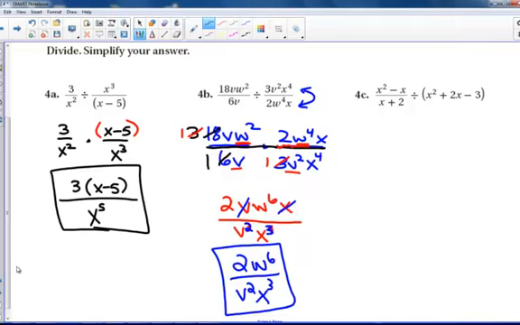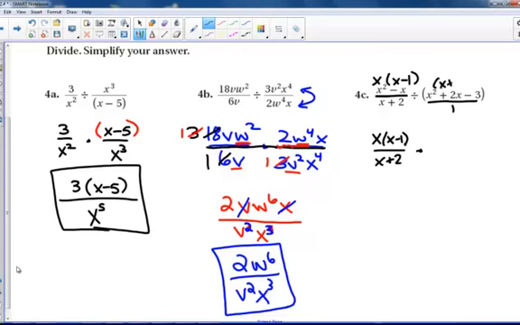And the last one. As I rewrite this, I'm going to go ahead and factor the greatest common factor out of this binomial right here. So I have x times x minus 1 over x plus 2 times, now this is the same thing as that over 1, and that is also factorable.